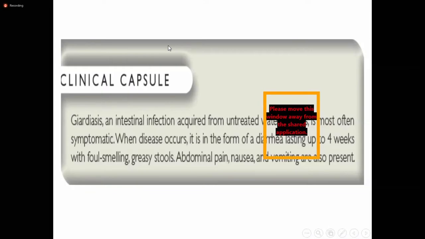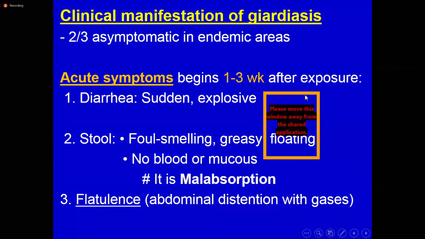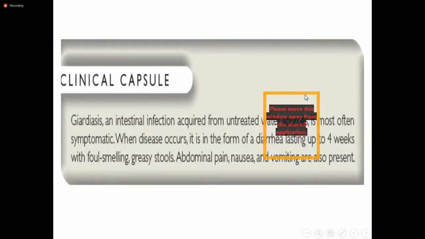Clinical capsule, Giardia intestinalis. Giardia intestinalis is acquired from the environment, from food, and is most often symptomatic. It lasts about 4 weeks, and the stool will be foul-smelling, greasy.